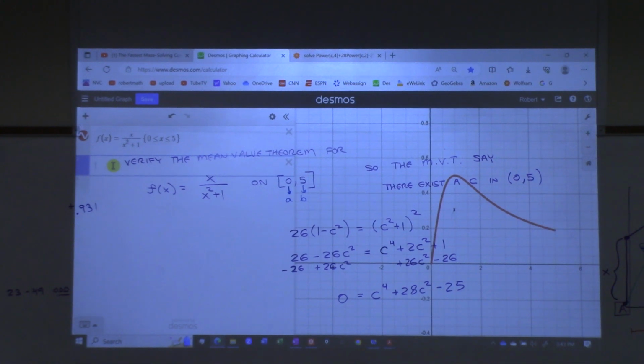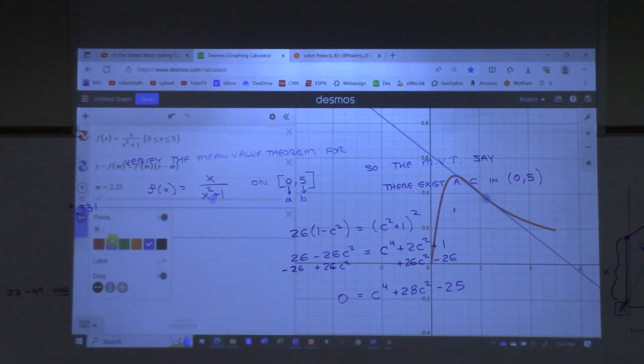So now y minus f of m equals... I just made a quick little thing that I can slide around here to give me the tangent line. And then this is m comma f of m. And there's the point. Let's make it blue. So I can just take this point and drag it around here, see that? And get my slope.